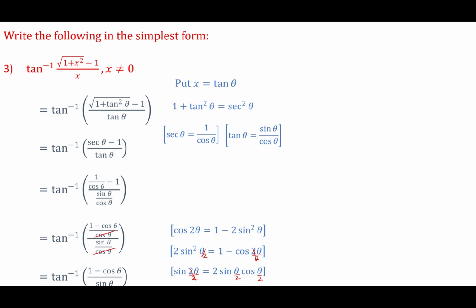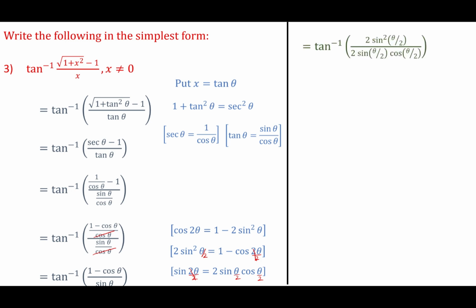So I will plug in these two formulas in this tan inverse of 1 minus cos theta by sine theta. It will be like this. 2 sine square theta by 2 over 2 sine theta by 2 cos theta by 2. So here 2 and 2 get cancelled, numerator and denominator. And here sine square theta by 2 and sine theta by 2 will get cancelled.